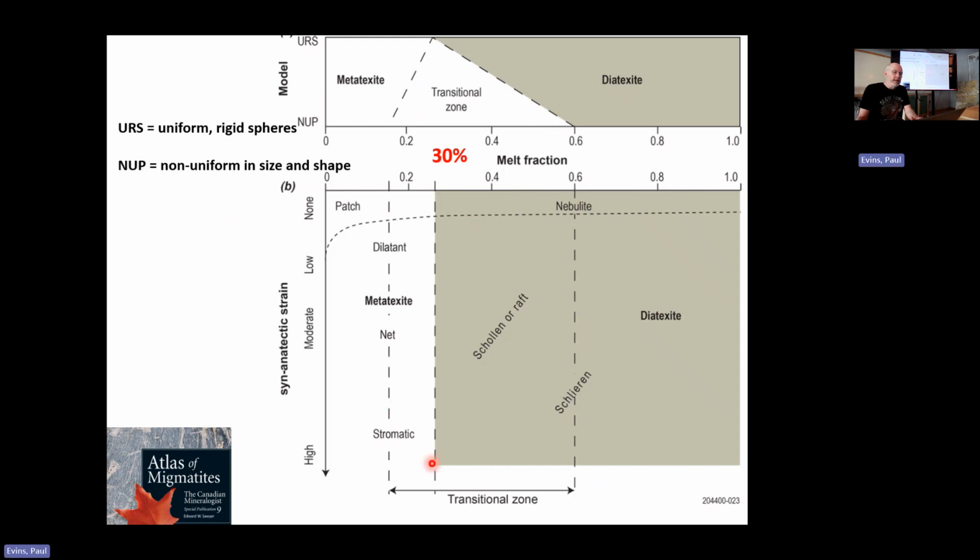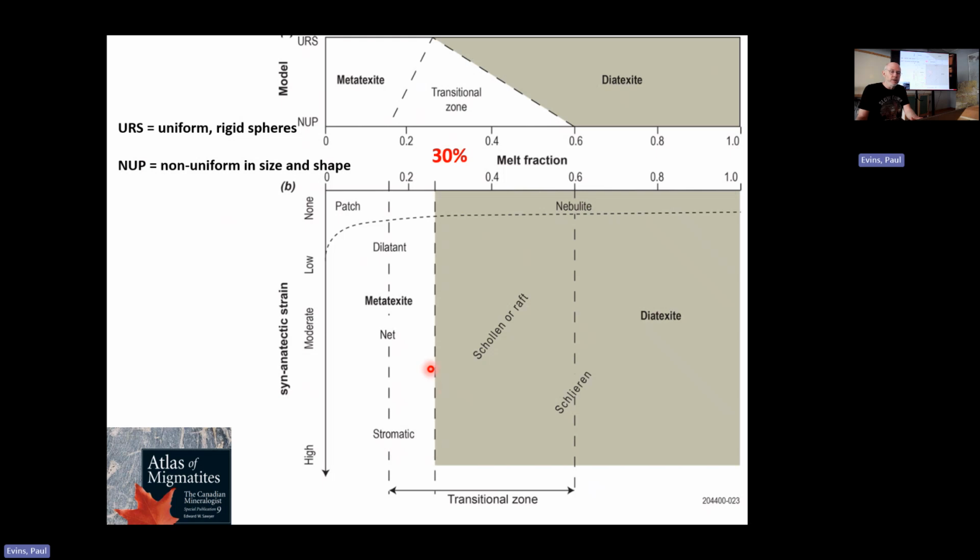Now, the differences in the names in these second order divisions, as I said, are related to how much strain you have during the melting. When you have low strain, the metatexite shows you get a patch or dilatant metatexite. When you have moderate strain, you get net, and high strain, you get stromatic.